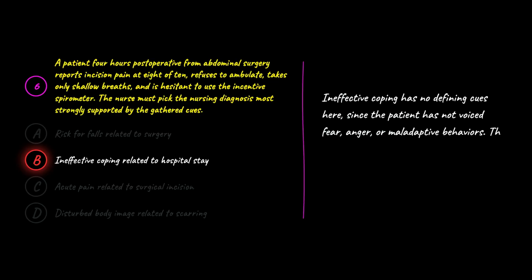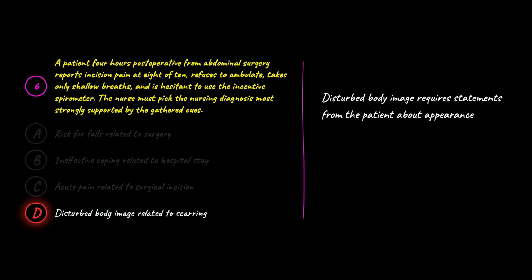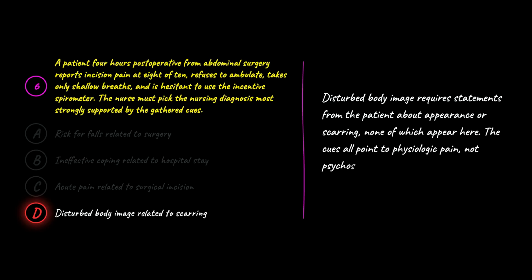The nurse cannot assign coping concerns based only on a refusal driven by physical pain. D is wrong because disturbed body image requires statements from the patient about appearance or scarring, none of which appear here. The cues all point to physiologic pain, not psychosocial concerns about how the body looks.